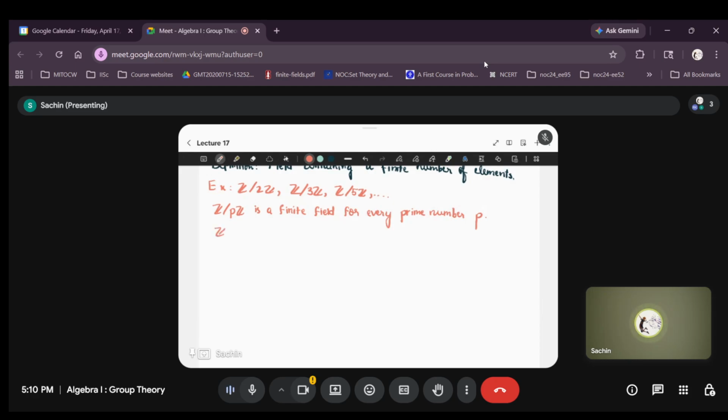And we denote Z mod pZ by F_p. So F_p is a field with p elements, where p is a prime number.